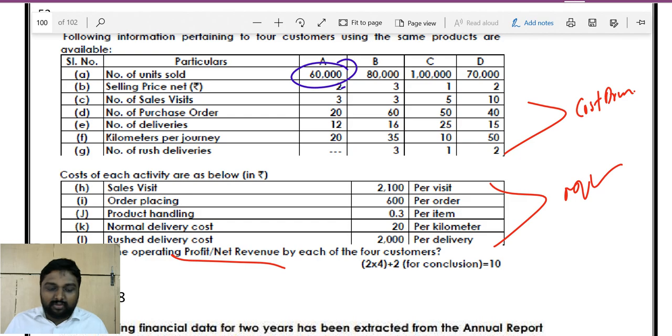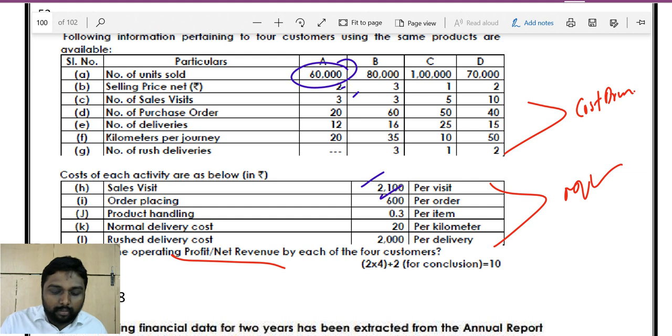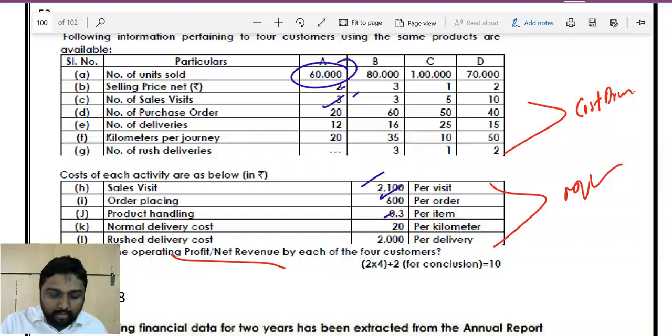Cost is what? See, you have sales visit 2100 per visit into number of visits, which is 3. Like that, for each product you have to do it. Order placing 600 per order, and the number of orders is given, so multiply. Product handling 0.3 per item, so the number of items we have is 60,000. Normal delivery cost 20, so we have to take the number of deliveries.